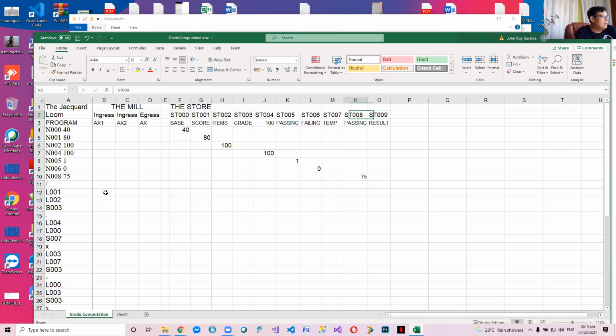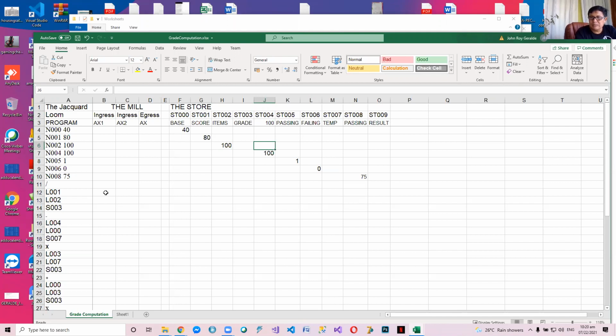So, the formula for computation is score over items, times 100 minus base, plus base. Score over items times 60 plus 40. Score over items times 100 minus base plus base.